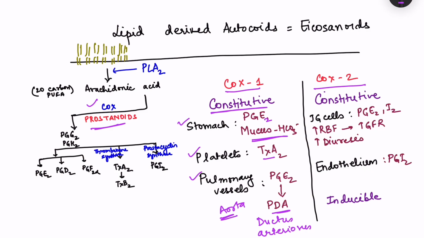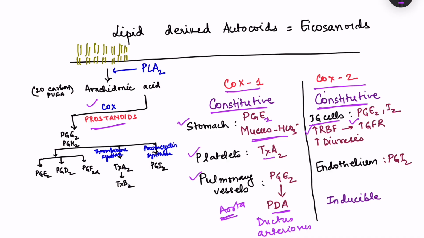But now it is not only COX-1 which is considered as constitutive. Now we know that even COX-2, cyclooxygenase 2, also has certain constitutive action. Example, in juxtaglomerular cells in kidney, this PGE2 and PGI2 is produced due to the action of COX-2 enzyme, and this leads to renal vasodilation, thus leading to increase in renal blood flow, and hence because of increase in hydrostatic pressure there will be increase in GFR.